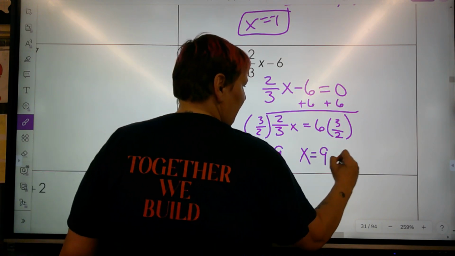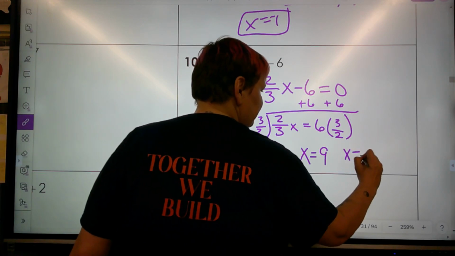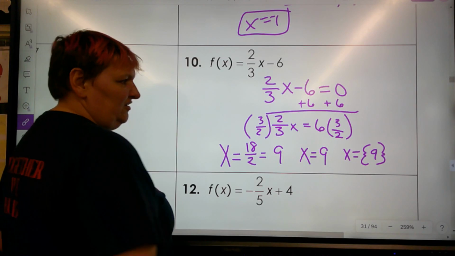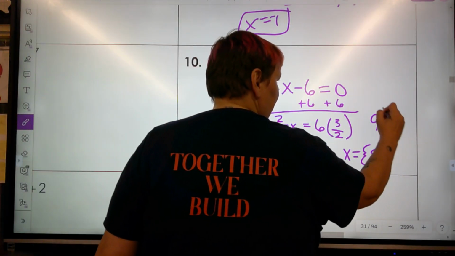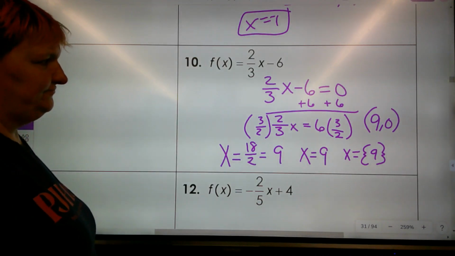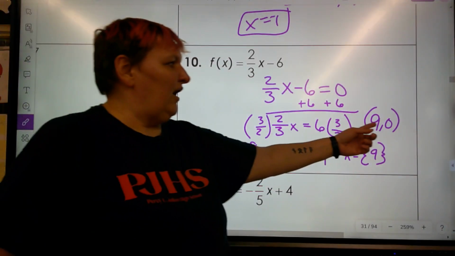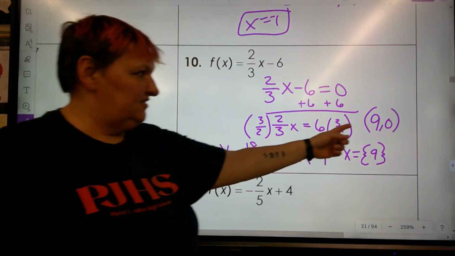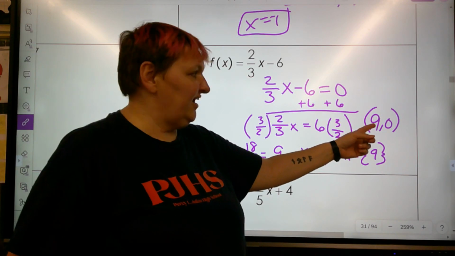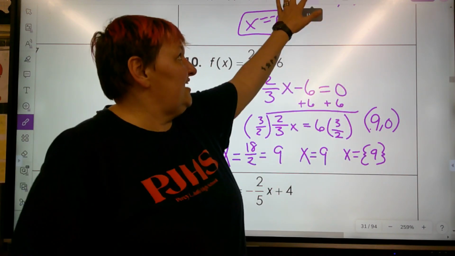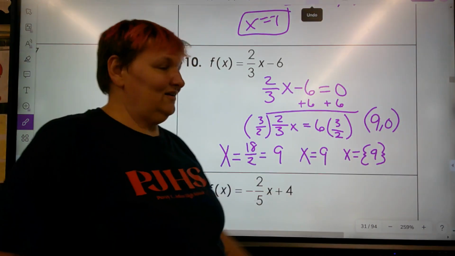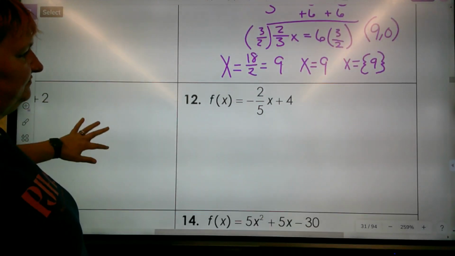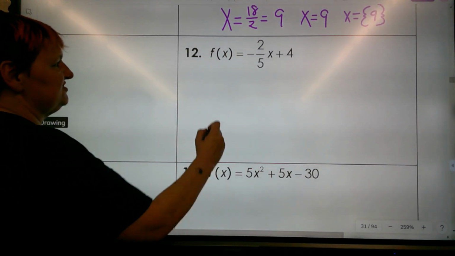So your roots are 9, your zeros are 9, your solution set is 9. Your ordered pair, however you want to write it. When y is 0, we set it equal to 0, x is 9. This is the point where it crosses the x-axis. That's the point right there. We found it by setting the equation equal to 0. Set the equation equal to 0 and solve.